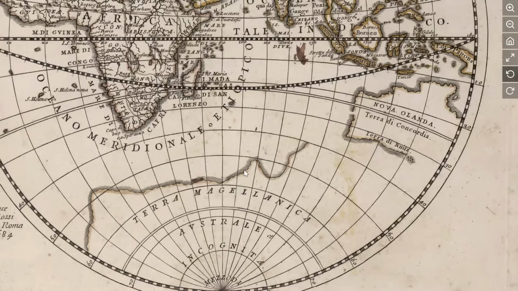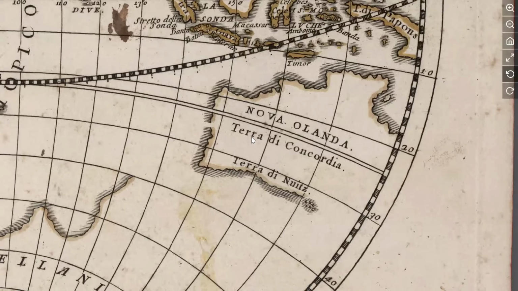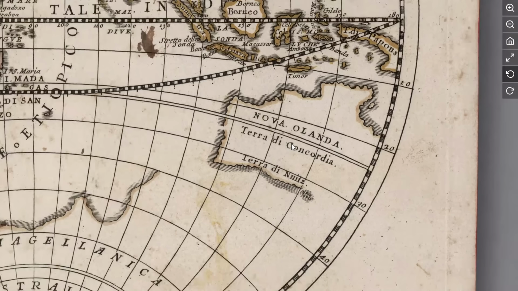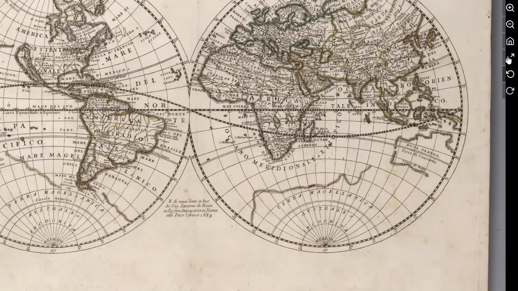So we have this down here. But look at what we have up here. The new land of Concordia, and we're starting to see a bit of the traditional shape of Australia. Okay, so again, something has gone on here.